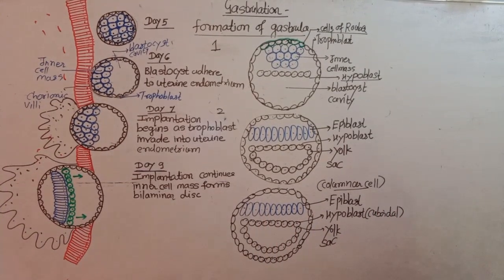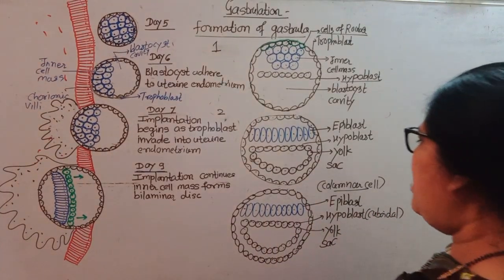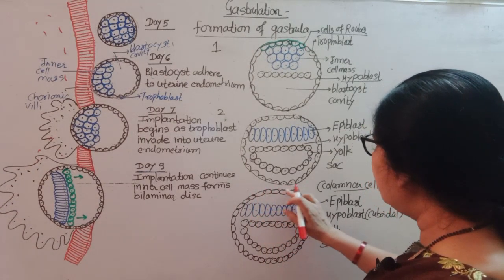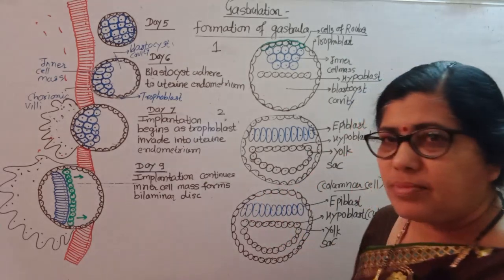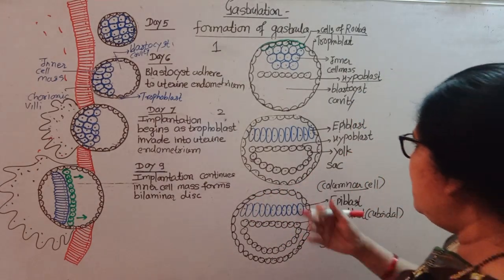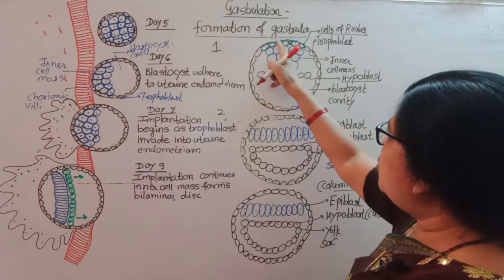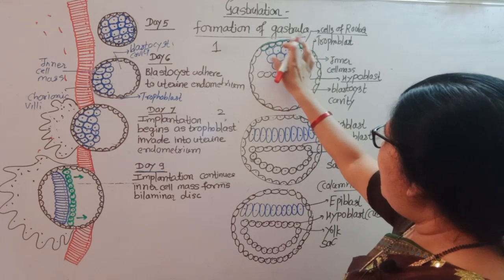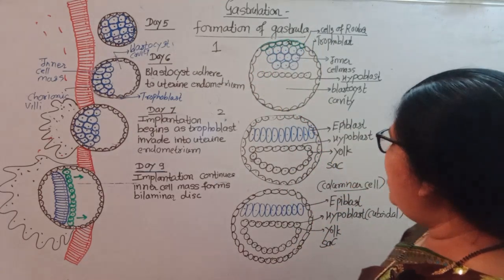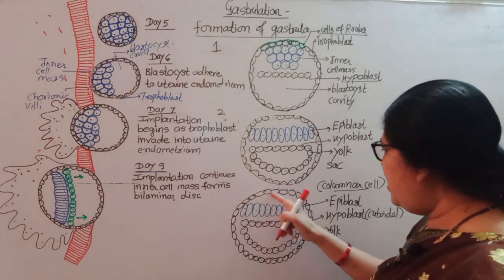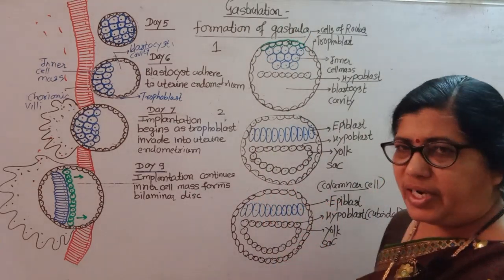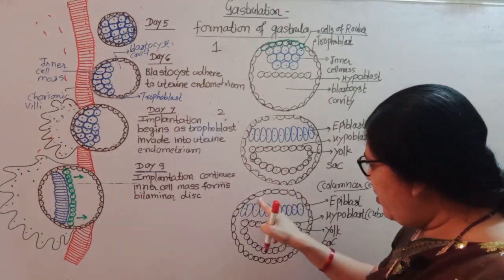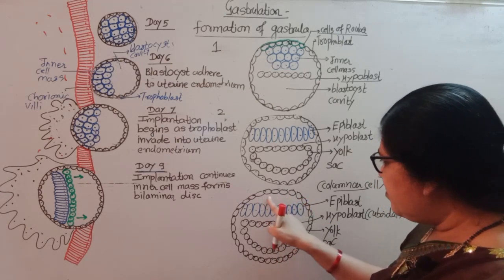Now, the cells of Rauber. These are the cells of the trophoblast which are in contact with the inner cell mass. We already discussed the cells of Rauber. The cells of Rauber degenerate, and here a cavity forms.